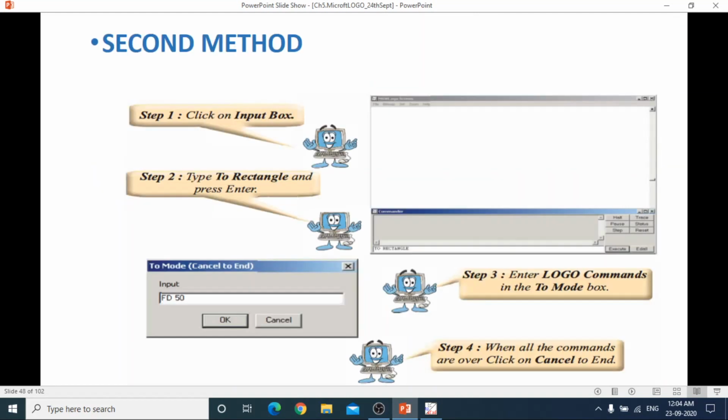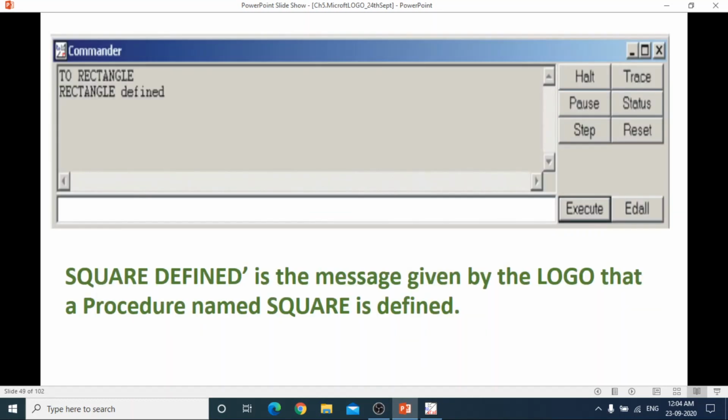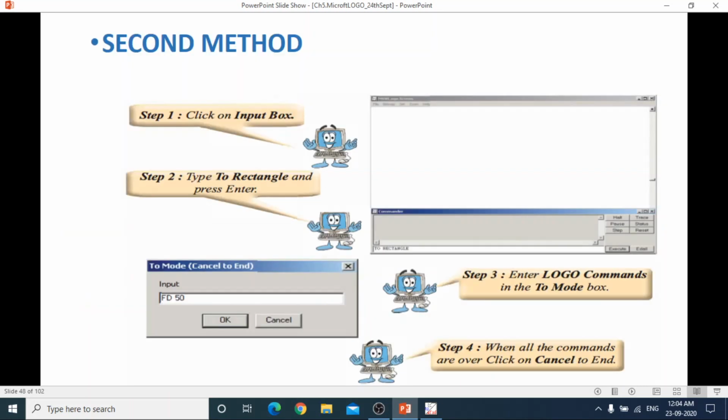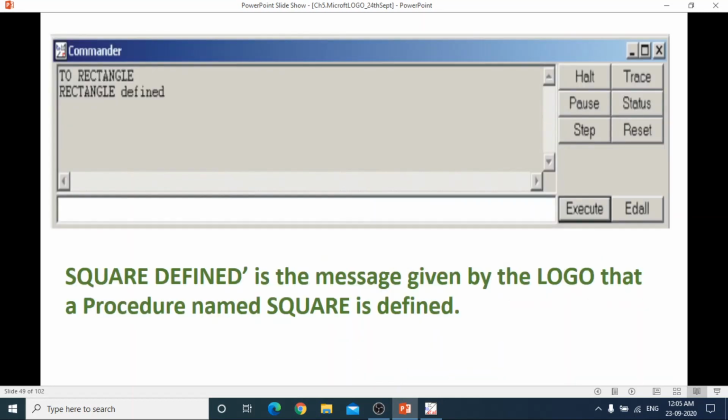And the second method, just define the procedure using the input box. Okay, and then it is defined. Now after that, enter your commands and then cancel, and this message comes that rectangle is defined.